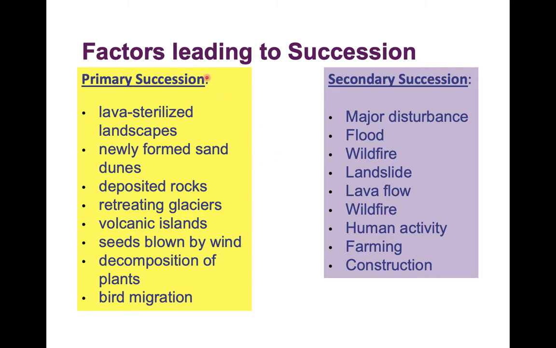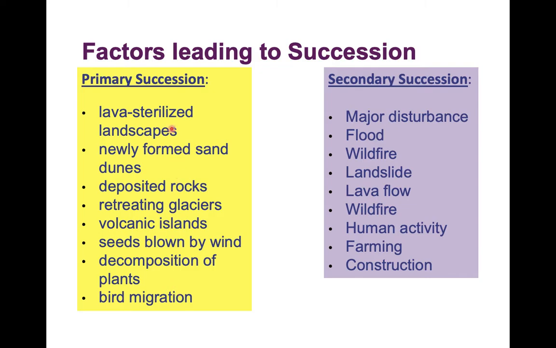So what are some of the factors leading to succession? In primary succession, you can have lava, sterilized landscapes, newly formed sand dunes, deposited rocks, retreating glaciers, volcanic islands, seeds blown by wind to an area where there's nothing, decomposition of plants, and bird migration that allows for seed dispersal.